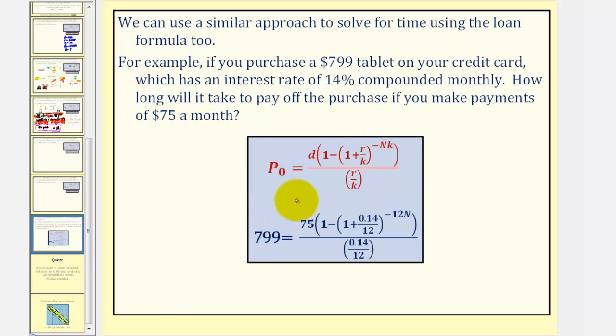So using our loan formula this time, notice that P sub 0, or the principal, would be $799. The monthly payment D is $75. The interest rate as a decimal would be 0.14. And because the interest is compounded monthly and there's 12 months in a year, K is 12. So now we can follow the same procedure that we did for the annuity formula and solve this for n to answer the question. I hope you found this helpful.